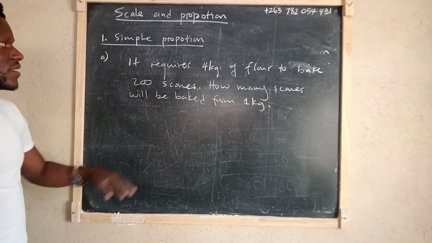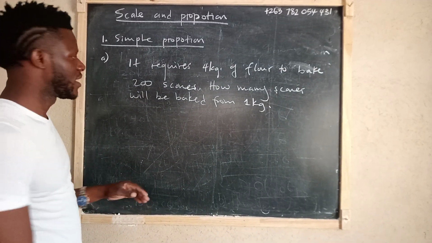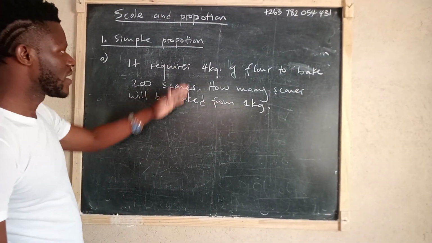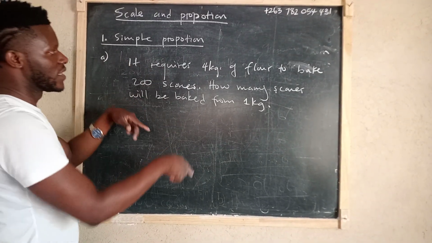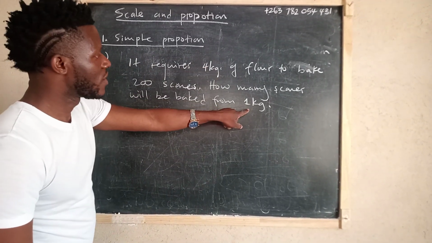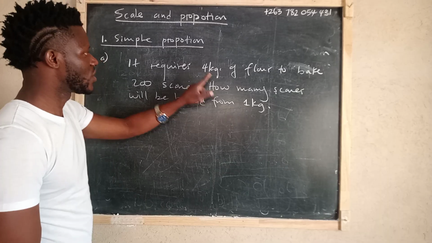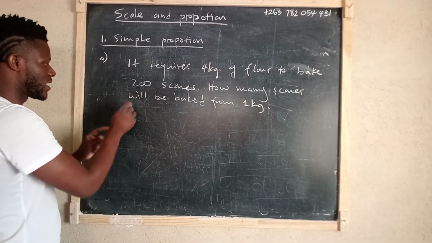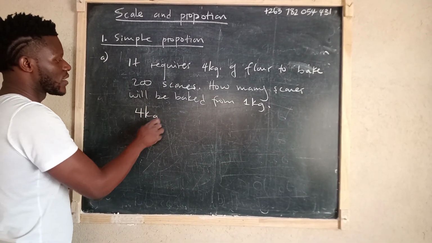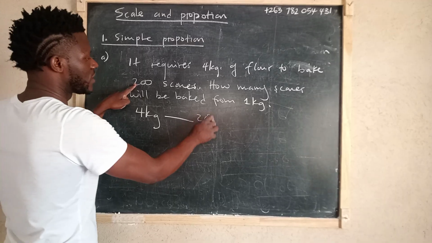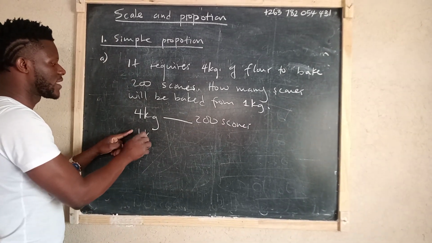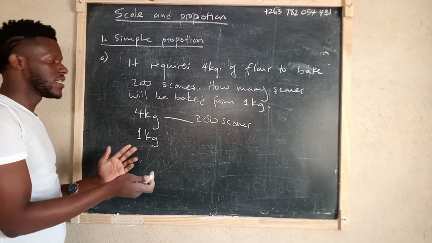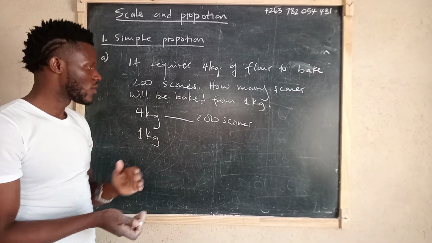Alright. Such a problem can be handled easily using simple proportion. We are given quantities of flour versus number of scones, but in both setups, the quantity of flour is given. So start with the quantity of flour. That is, if 4 kgs can give us 200 scones, then how about 1 kg? 1 kg will give us more than 200 scones or less.